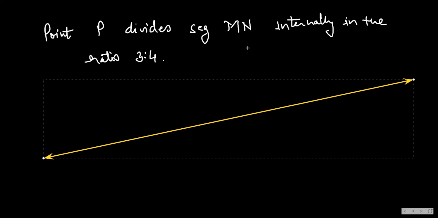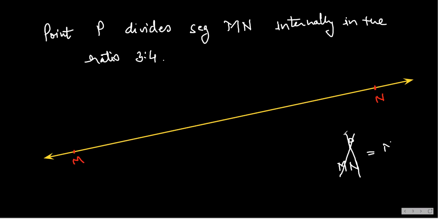It means that we will have MN, and P is dividing MN. So P divides MN, which means the ratio MP upon NP is 3/4.